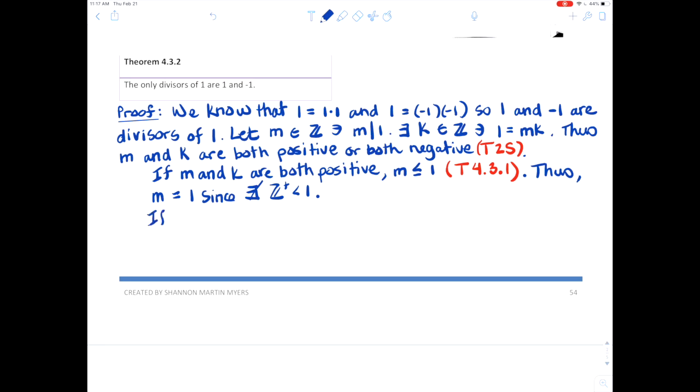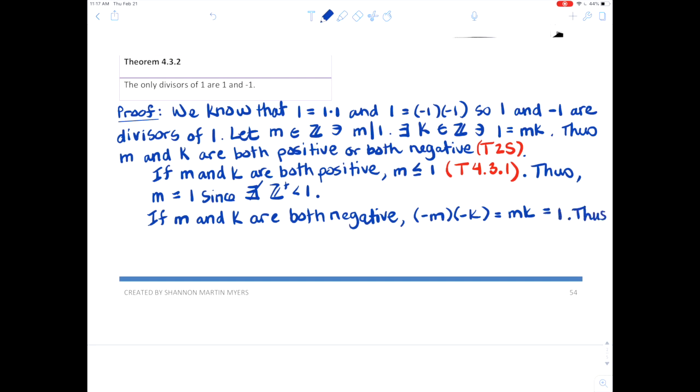Now, if m and k are both negative, then what we're going to have is that negative m times negative k has to equal m times k, and that in turn is equal to 1.